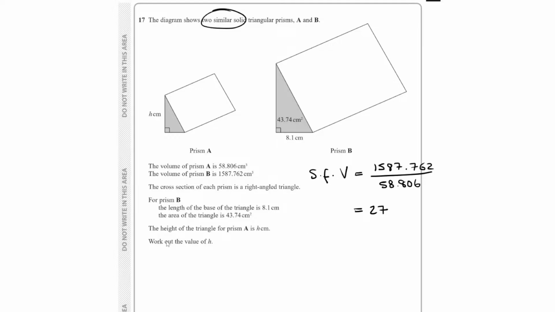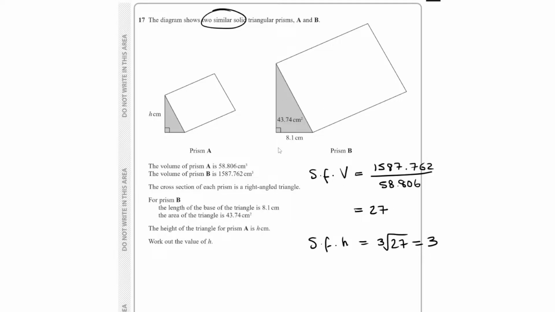So I then went, well, they've asked me to find the height of this prism, which is a one-dimensional measurement, isn't it? So to find the scale factor for just the height, I would cube root the volume one. Just simplify it like that. Cube root that, which obviously, hopefully you know, gives us 3.